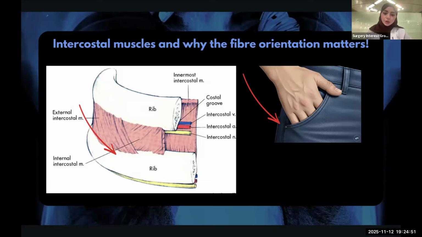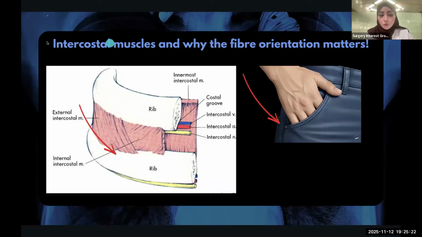The fiber orientation of the intercostal muscle matters, as we'll see towards the end of the lecture, because it helps elevate my ribs or move them in specific directions to increase the size of the thoracic cavity to allow my lungs to expand and fill with air. Now, we've said we have three muscle layers, which I'm assuming you're saying are external, internal, and the innermost muscle layers.